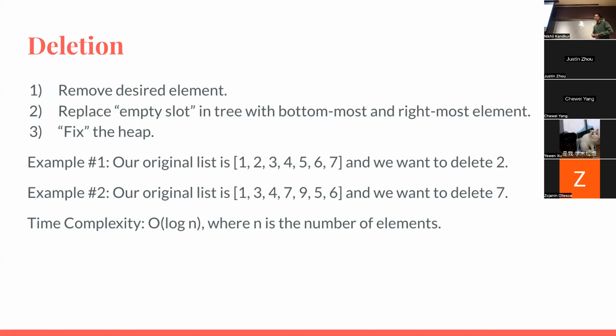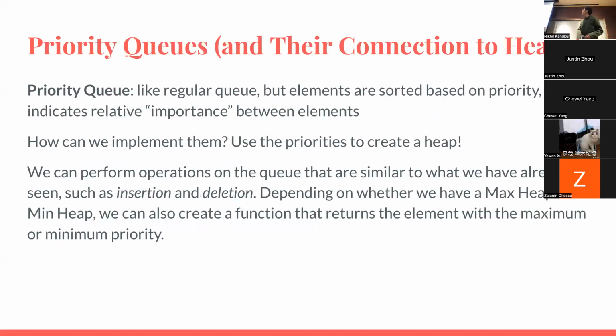No. Okay. So now the punchline. How do heaps relate to priority queues? Well, you already know what a queue is. And the different elements of the queues can have priorities. So if you wanted to sort all the elements in a particular order, you can use a heap. And the sorting item, if you will, would just be their priorities.